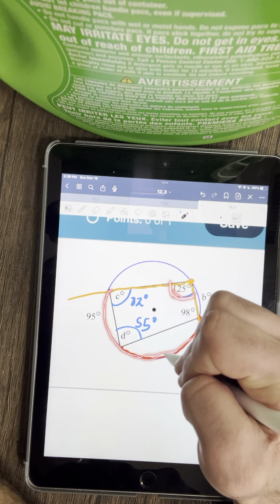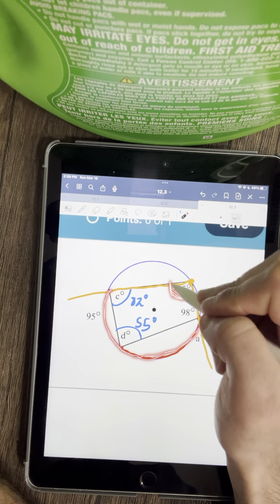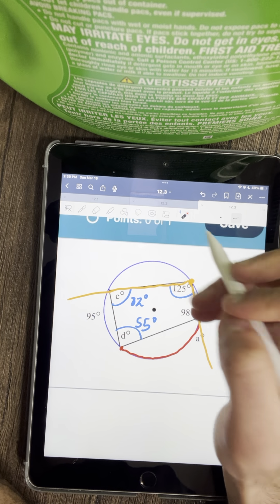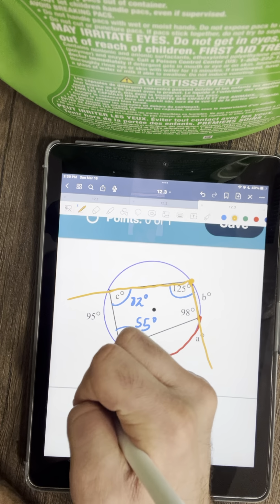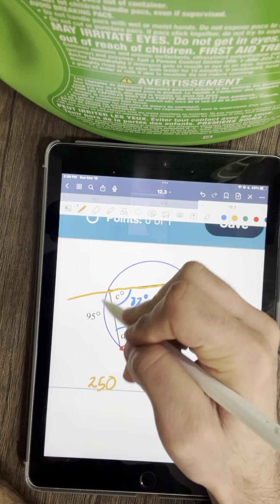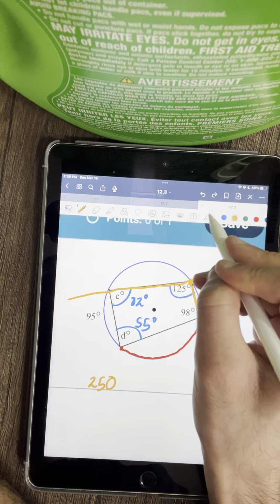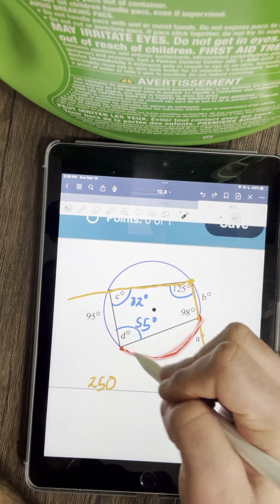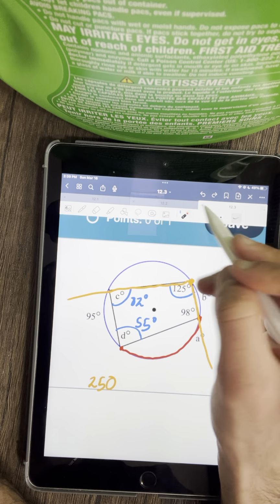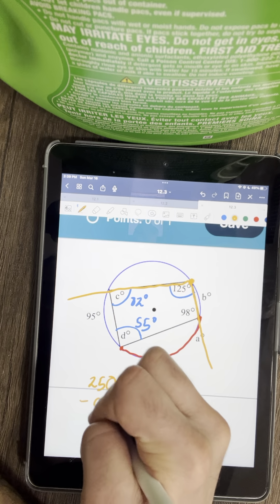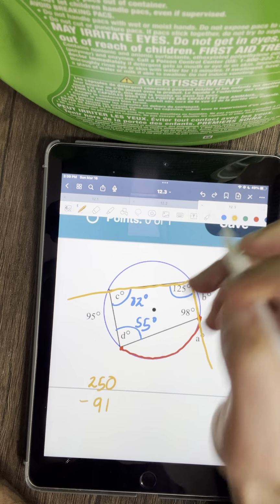What's 125 times 2? It's 250, right? So if this whole thing is 250, I can find my A by subtracting 95.